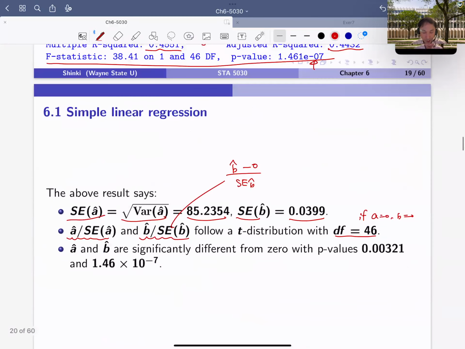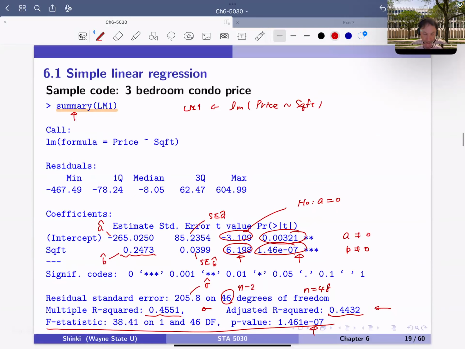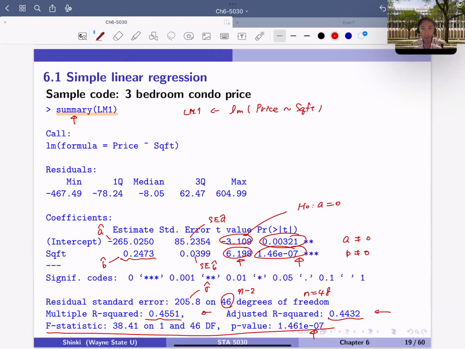The intercept usually doesn't have much meaning in many examples. So here, what is the meaning of this negative 265? That means if square footage is 0, then price is negative $265,000. It does not make much sense, but maybe you can make up some story, like the condominium comes with property tax and association fees.